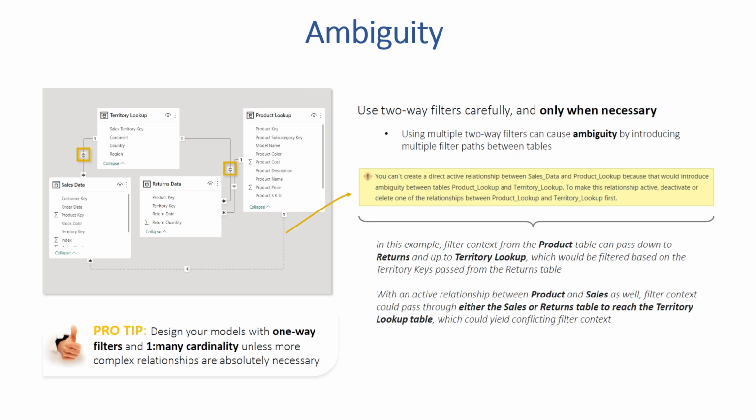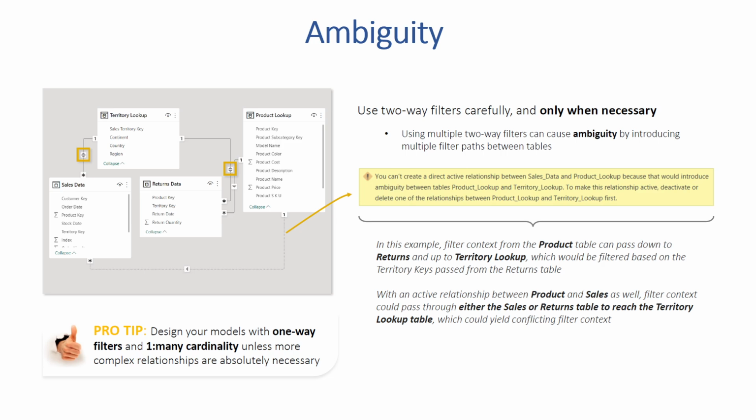So in the last pro tip I would like to add: design your model with one-way filters and one-to-many cardinality until more complex relations are absolutely necessary.